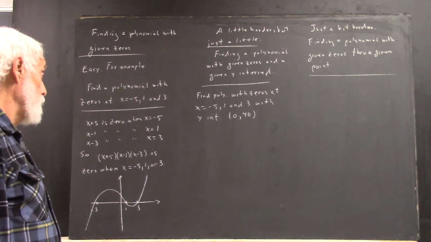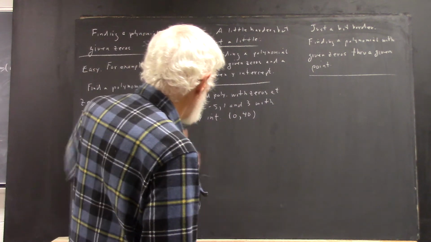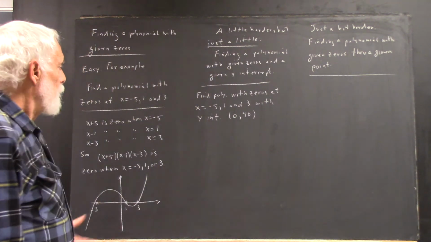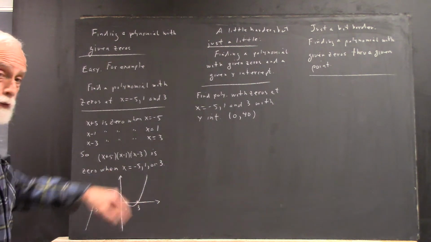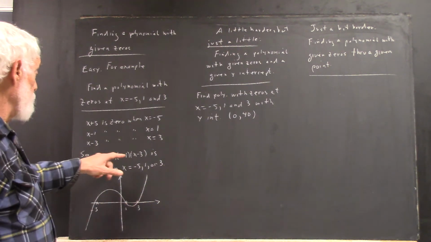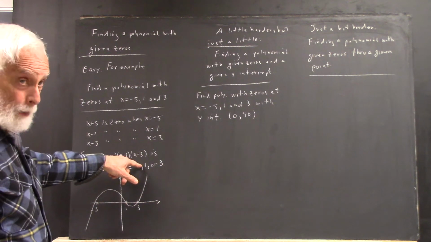Okay? Now this is very simple. Once we have these 3 zeros, we've got our polynomial x plus 5 times x minus 1 times x minus 3.